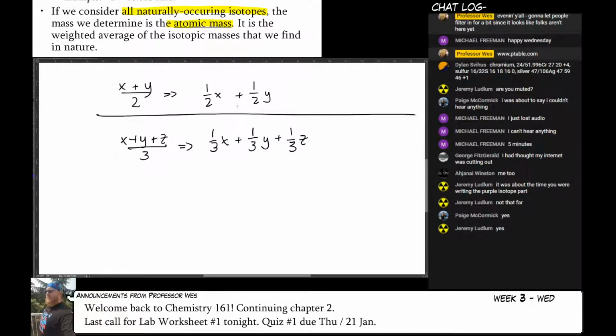Now, what we've done here is we have assigned each of the variables that we're looking at a weight. And for a normal average, they all have the same weight because they all contribute evenly. But if I want to find the average of something that isn't evenly distributed, for example, maybe I have 80% of one isotope and 20% of the other, I can't use this average formula.